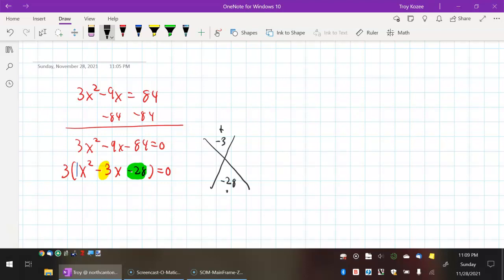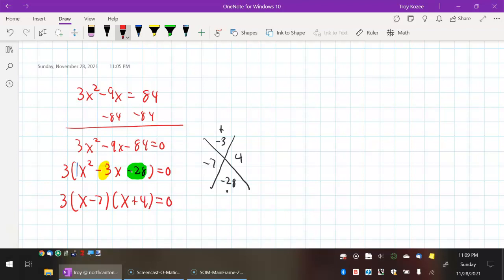In that case, that is negative 7 and positive 4. So this is what I use in my factors. My factors are x minus 7 and x plus 4 with a 3 out in front.